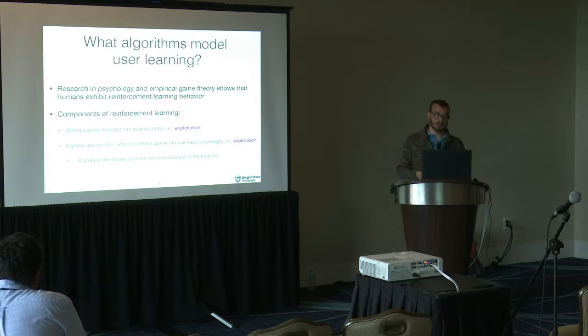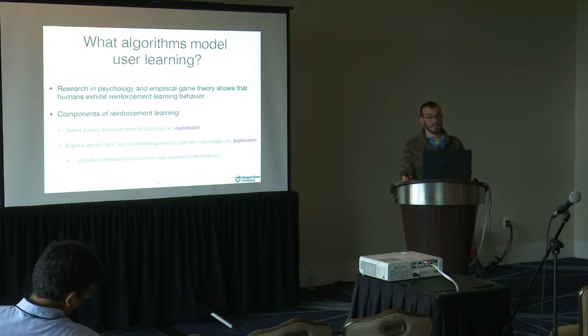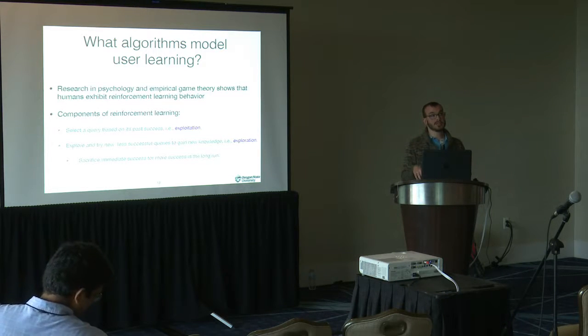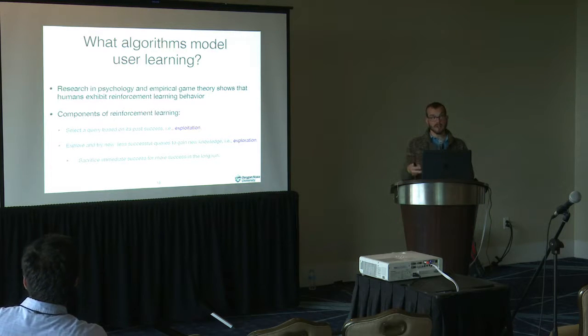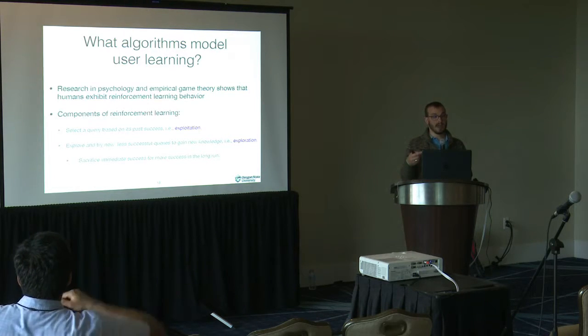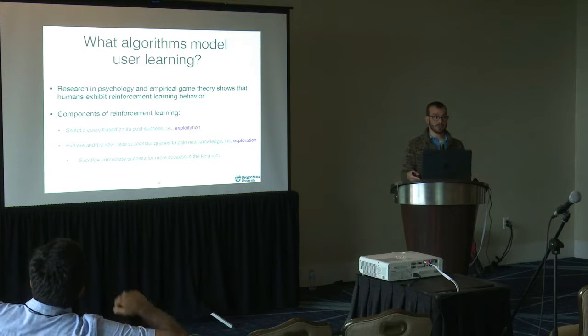Alright, so the first question that we need to ask is, what algorithms effectively model user learning? Research in psychology and empirical game theory has shown us that humans actually exhibit some reinforcement learning behavior. There are two main components of reinforcement learning: exploitation and exploration.